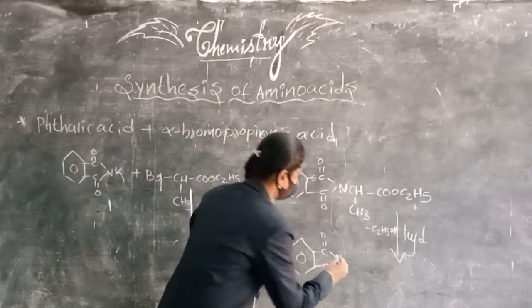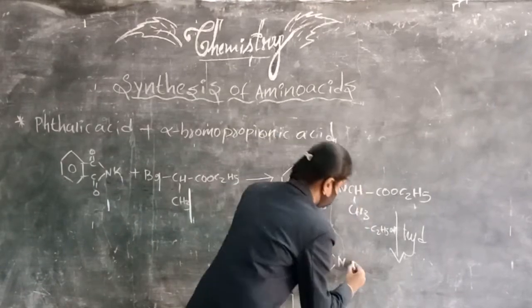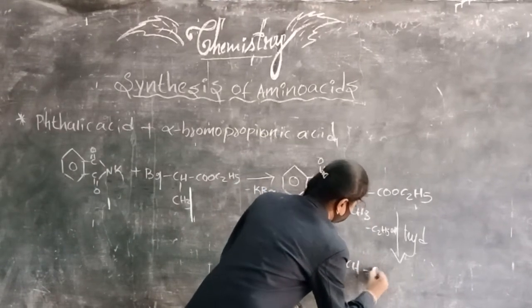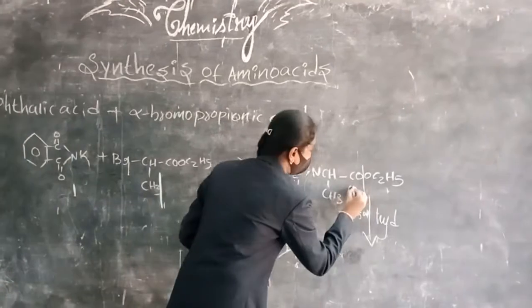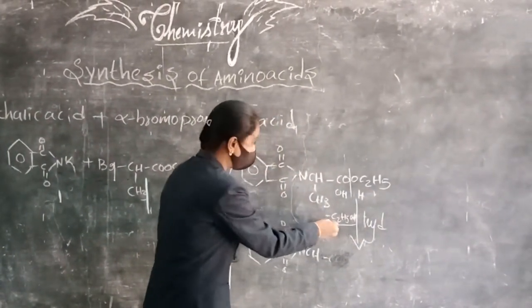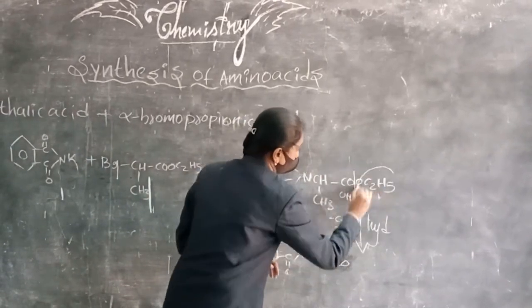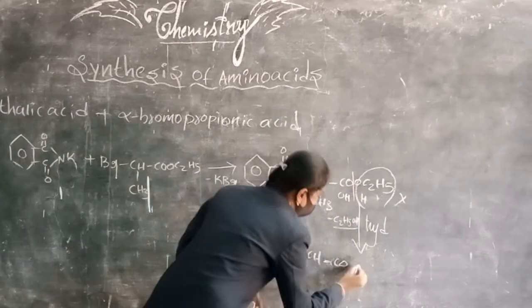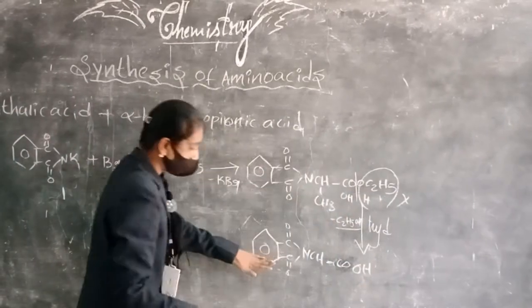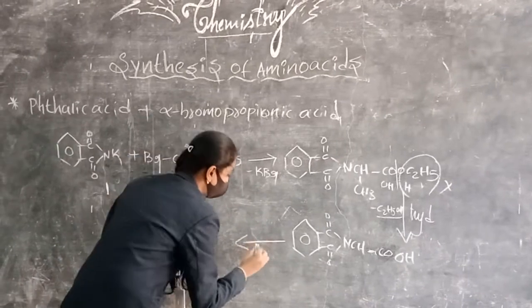After hydrolysis, C2H5OH is removed. So we get CO, and here this one is also removed. We get COOH.